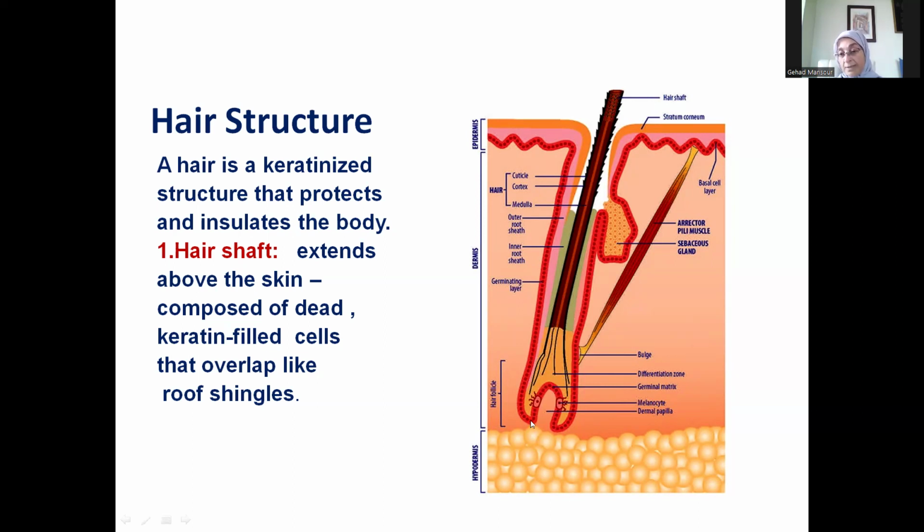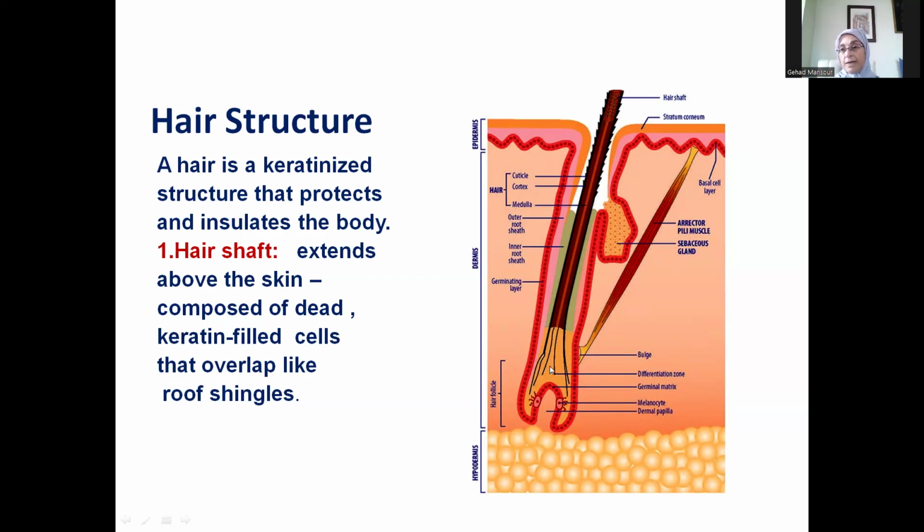But in that invagination, we can see melanocytes. And those melanocytes are very important because they synthesize melanin, and then those melanin granules will diffuse to the neighborhood, which are the cells of the germinal matrix, and then from the cells of the germinal matrix to the keratinocytes or hair cells that are present in the lowermost part of the hair.